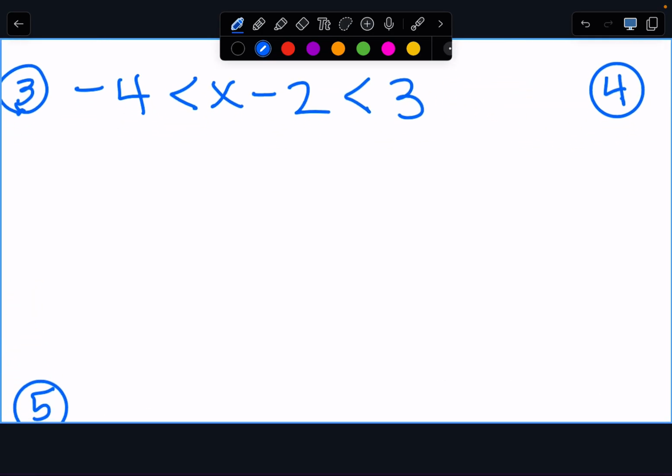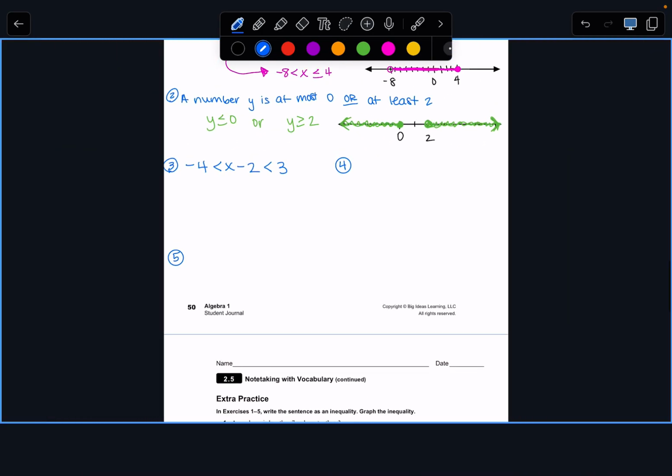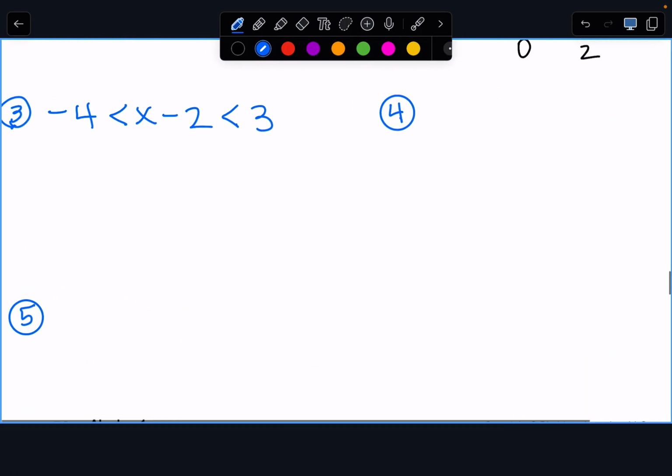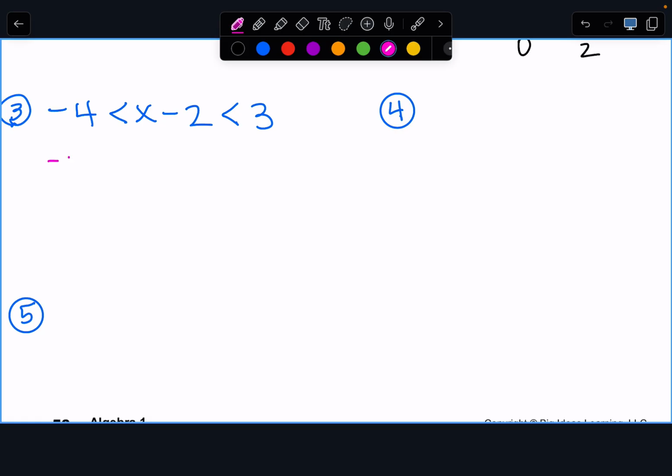I see 2 inequalities, but I don't see a word. What does it mean when it's a sandwich like that? And. So this means -4 is less than x minus 2 and x minus 2 is less than 3. Like this piece belongs to both inequalities.